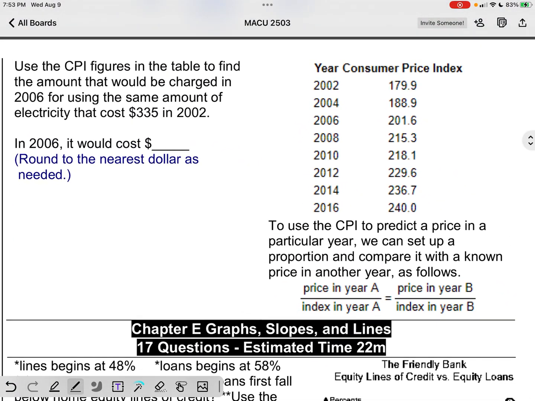All right. Use the CPI, the Consumer Price Index figures in the table to find the amount that would be charged in 2006 for using the same amount of electricity that cost $335 in 2002. So we can set that up. In 2006, your CPI was at 201.6, but we don't know the money number. So here's your price. We had $335.